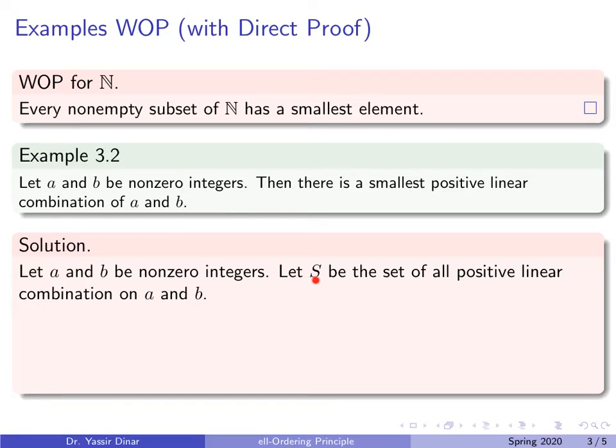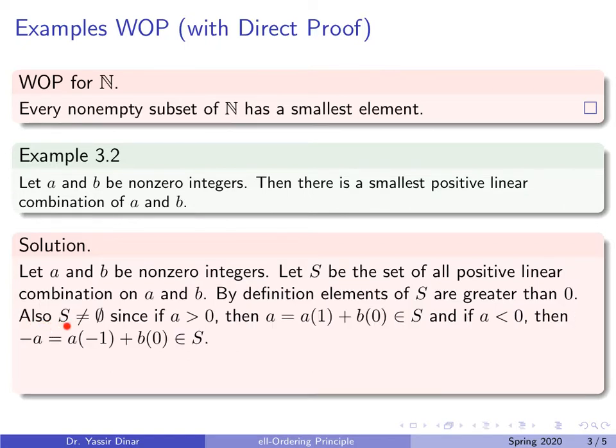This is the statement of the example. From my definition, S is greater than 0. That means S is a subset of natural numbers. Now to use the well-ordering principle, I need only to check that S is not empty.